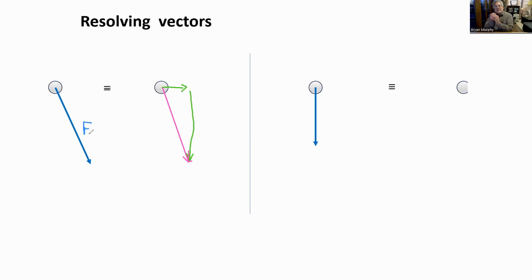I have now split it into two perpendicular components. That ball is going to accelerate in that direction because FH, the horizontal force, is acting on it. It is also going to accelerate in that direction because there is a vertical force acting on it.